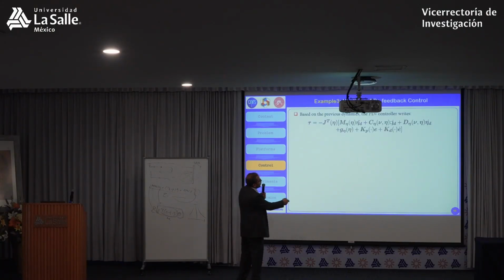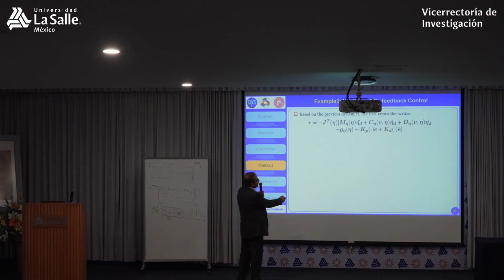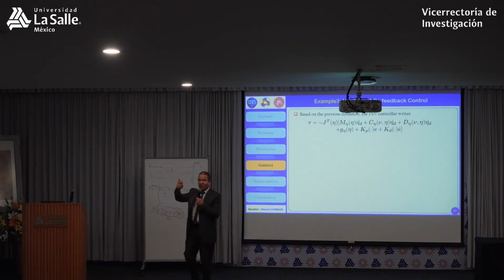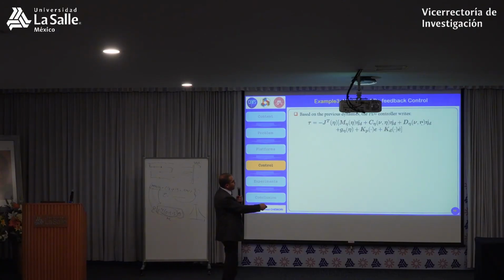Here you have eta dot and eta double dot. And in the control, eta double dot D, eta dot D, eta dot D. So we replace the derivative, speed and acceleration, by the desired ones to reduce the effects of the noise, and that's all. So copy-paste of the dynamics, we replace the speed and acceleration by the desired ones, and you add here proportional derivative.